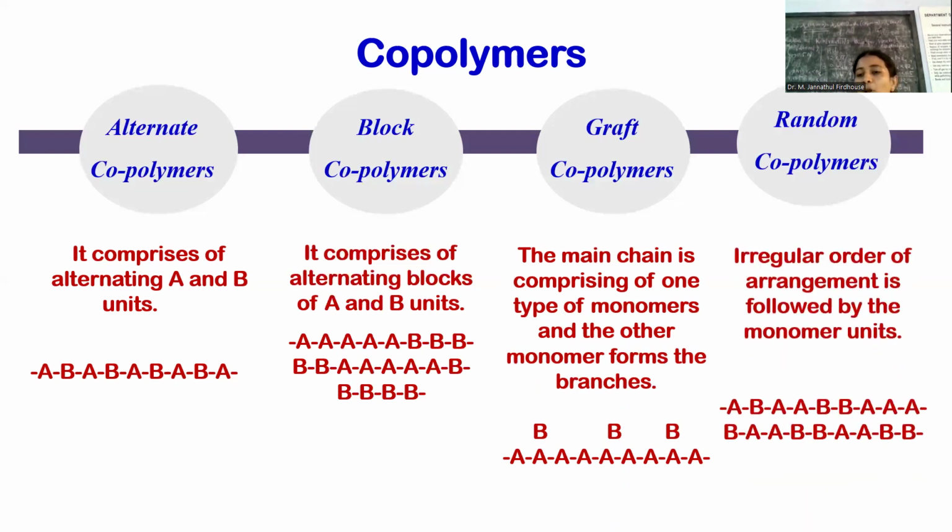Whereas random copolymers follow an irregular order of arrangement of monomers. Here A and B do not follow a proper or regular order, so it is the reverse form of the alternate copolymer.